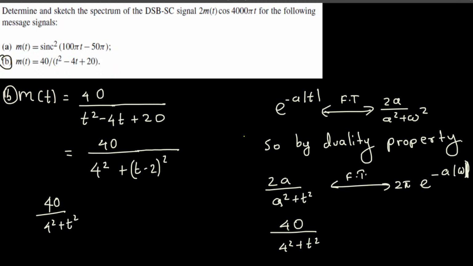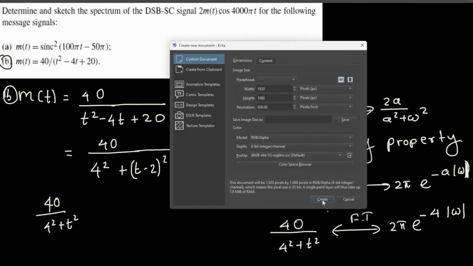So from this we know that a is 4, so the Fourier transform here is going to be 2π e power minus, instead of a we plug in 4, and then |ω|. Okay, let's go to the next page.